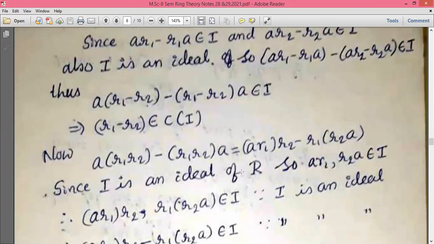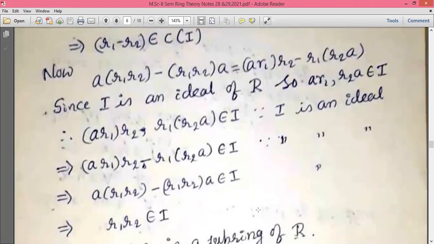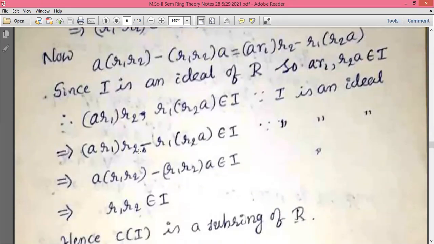Since I is an ideal of R, AR1 and R2A are also members of I. Therefore A R1 R2 and R1 R2 A are also members, because I is an ideal. This again is the commutative property, because we are just rewriting and clubbing the terms so they look as we have defined in C(I).